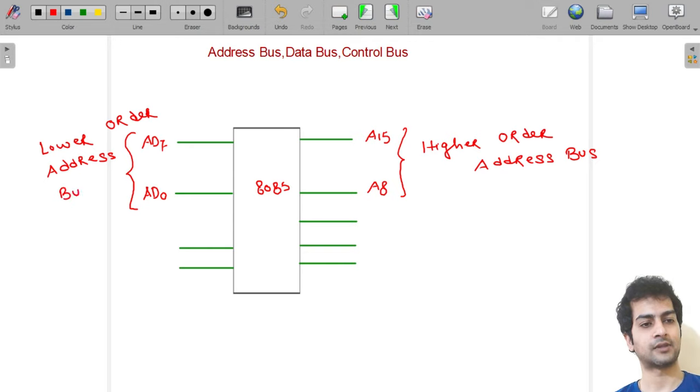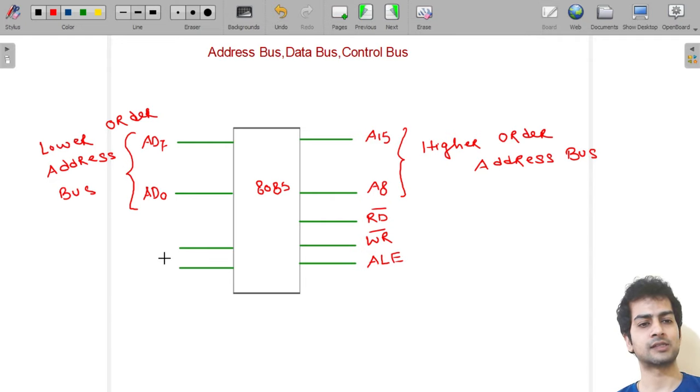Then we will discuss some control signals like read bar, write bar, ALE. ALE is address latch enable. We will discuss its working in detail.